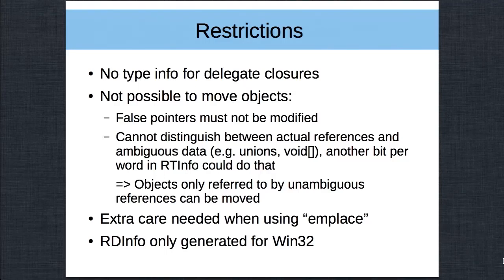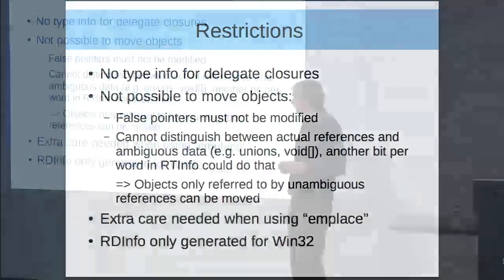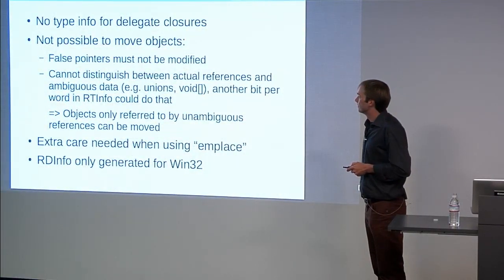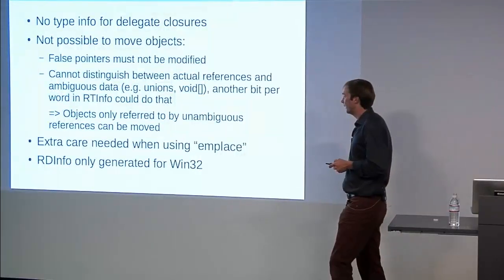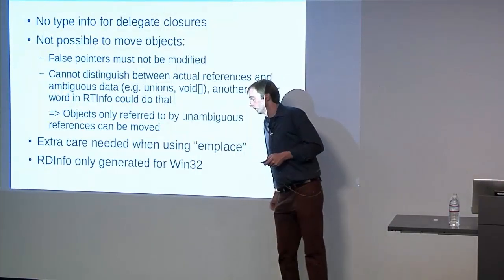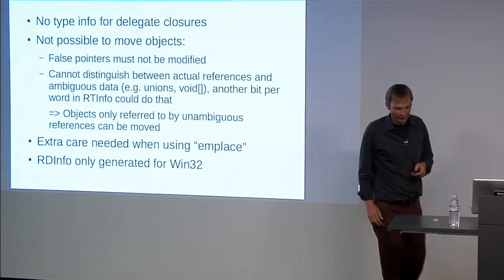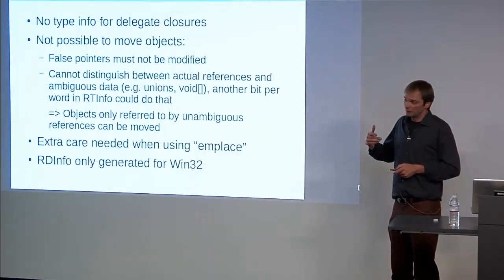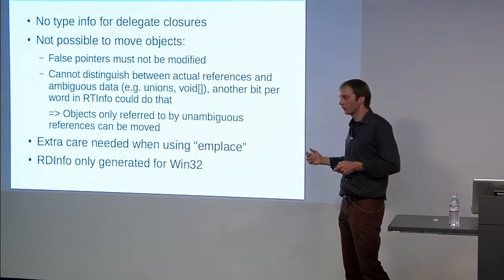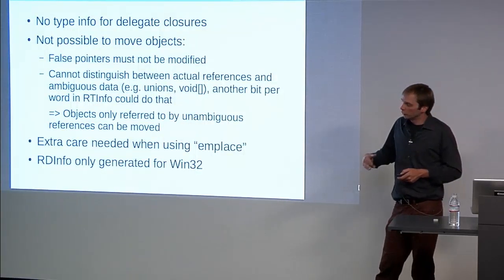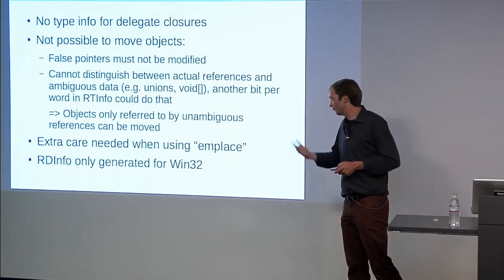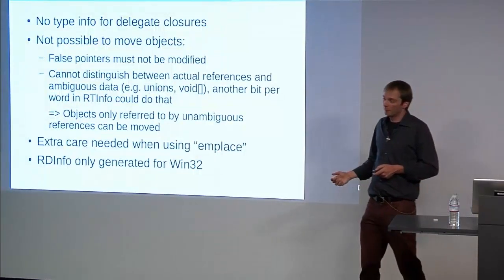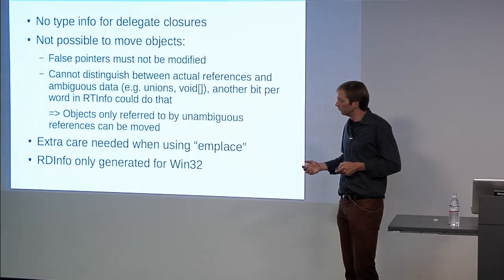And you would have to adjust all the references then. So when using emplace in this implementation, you need extra care, because if you have references in this data area, you must have this type info set before.